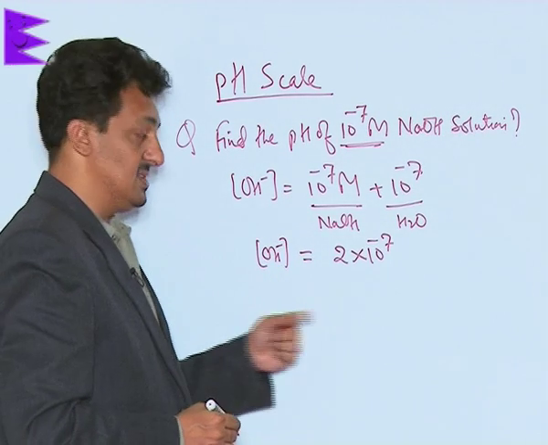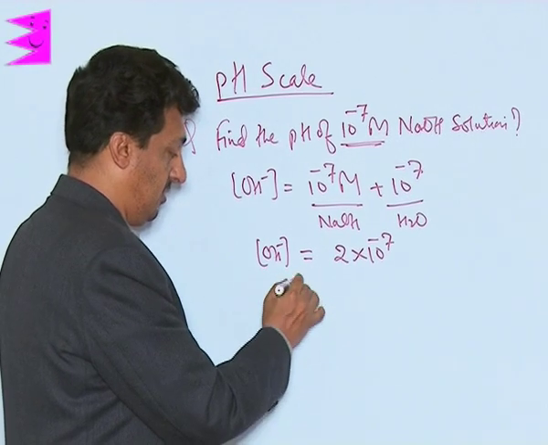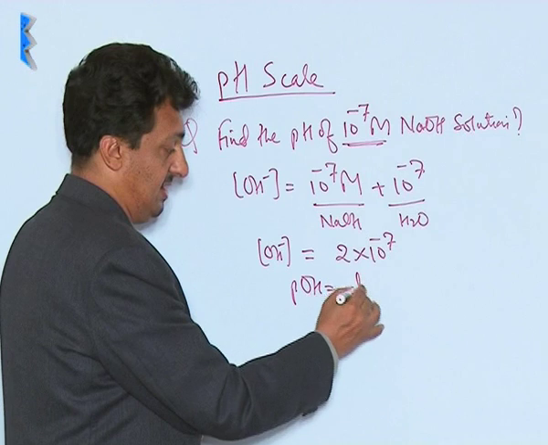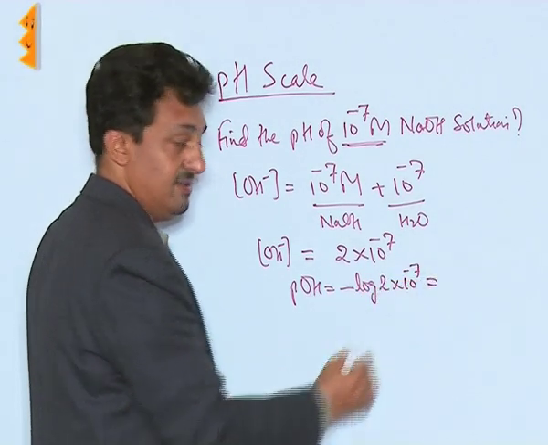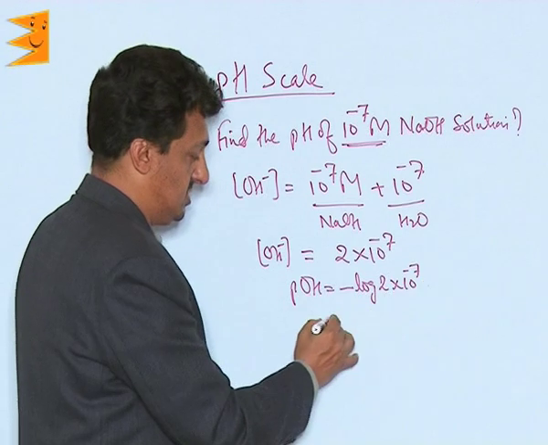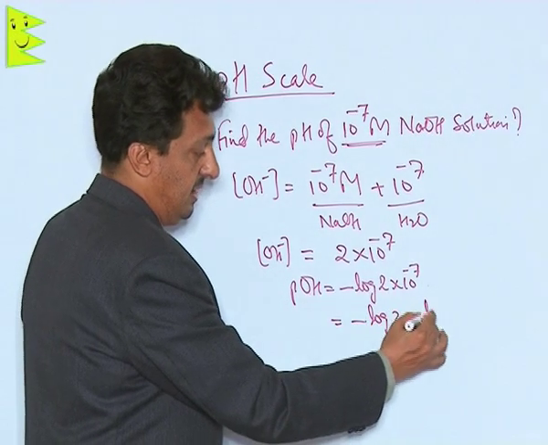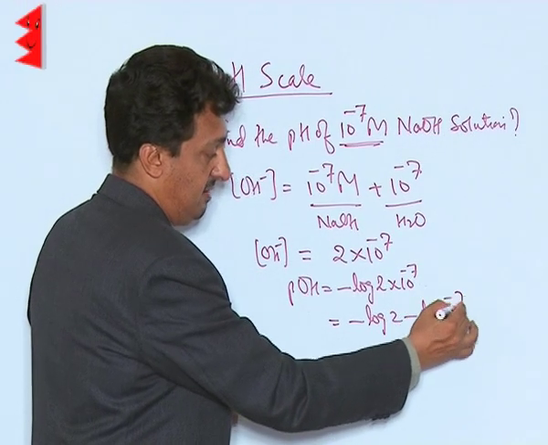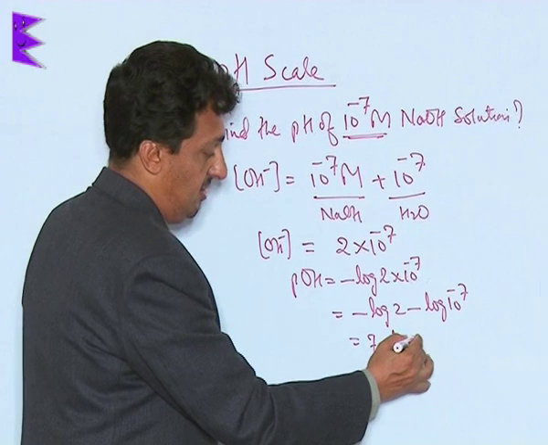If the OH ions concentration is this much, we can find out what the pOH is. It will be minus log of 2 into 10 to the power minus 7. It will be minus log 2 minus log 10 to the power minus 7. So it will be 7 minus log 2.